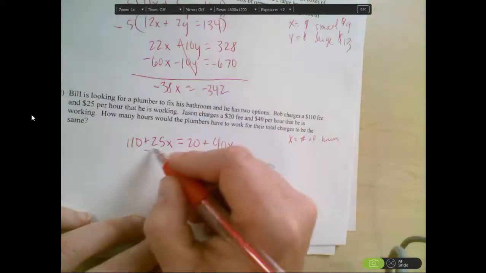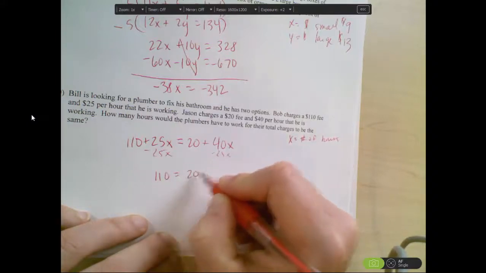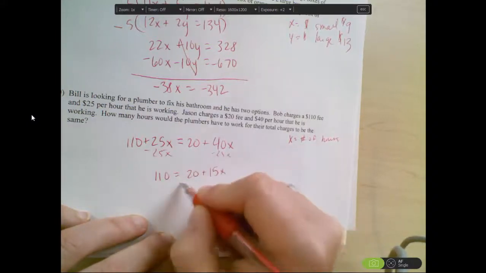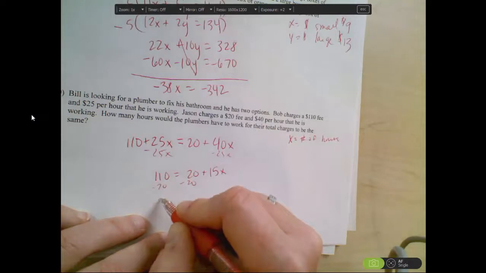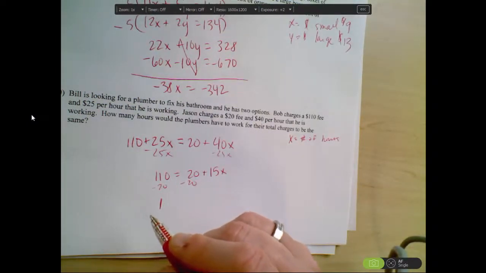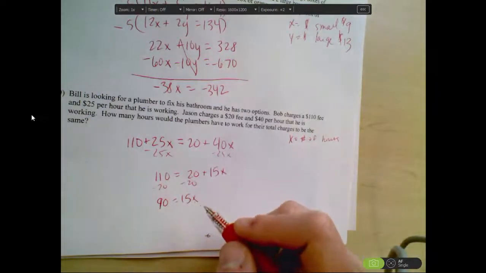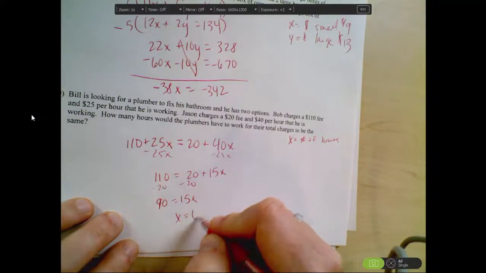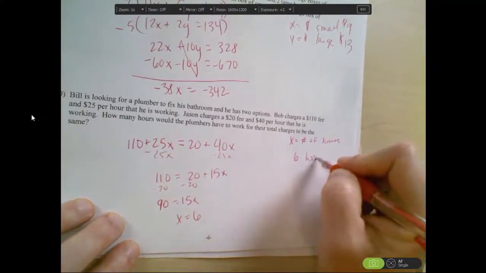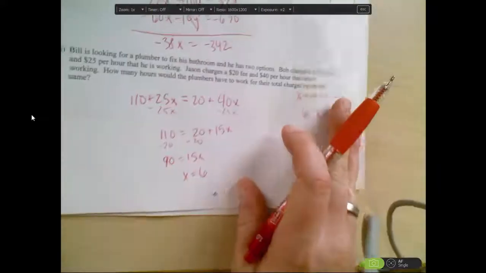Minus 25x from both sides. 110 equals 20 plus 15x. Minus 20. 90 equals 15x. X equals 6 hours. If you hire them for 6 hours, they will both cost the same.